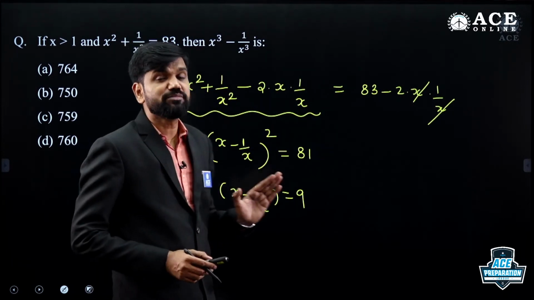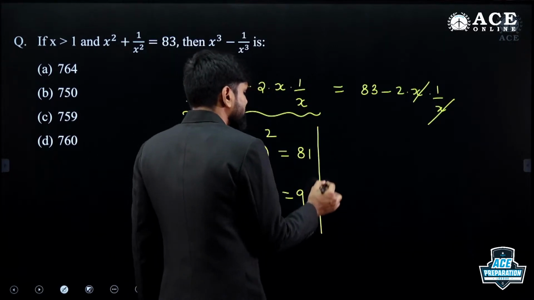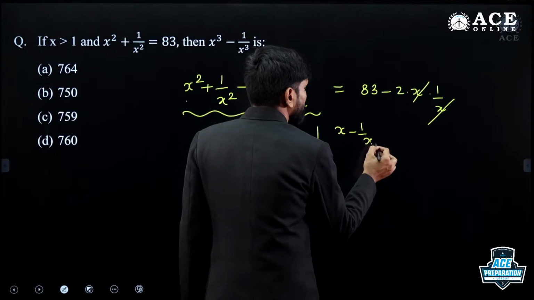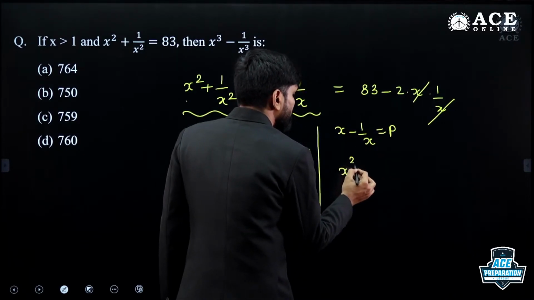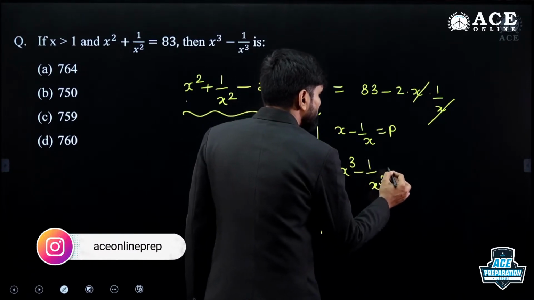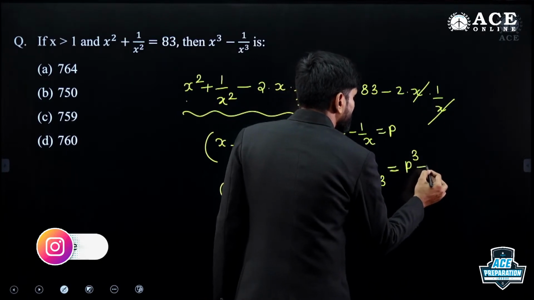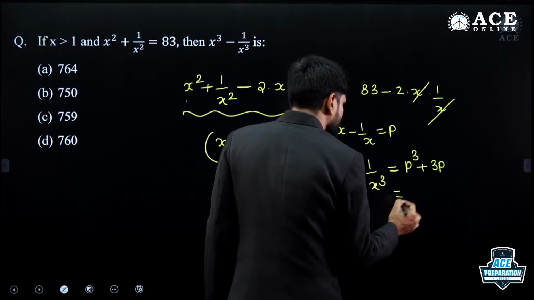Now I got x minus 1 by x equal to p. I want x cube minus 1 by x cube. This I can directly say: if x minus 1 by x is equal to p, x cube minus 1 by x cube is equal to p cube plus 3p. Substitute the value of p here.